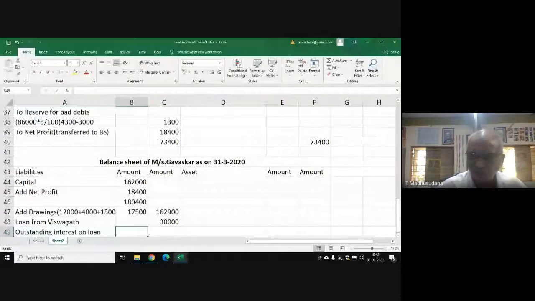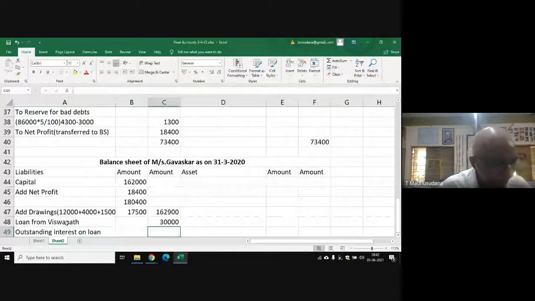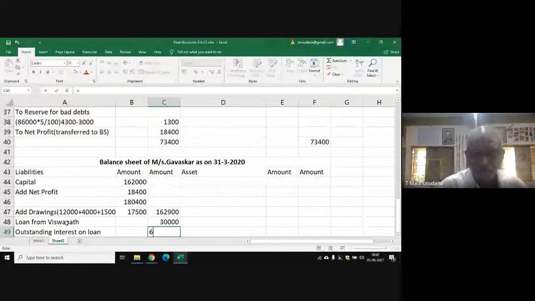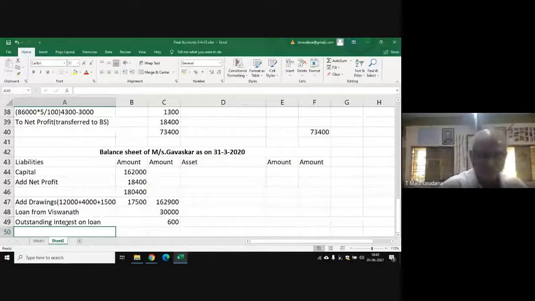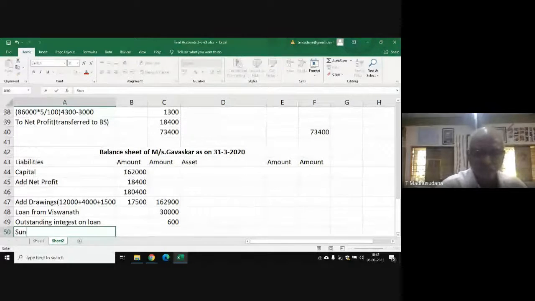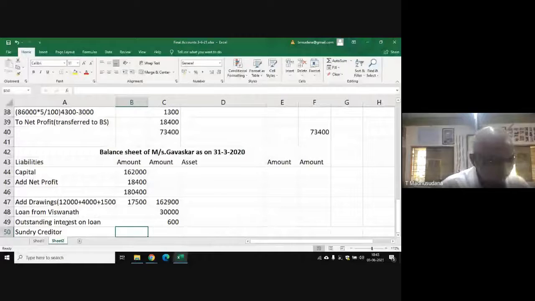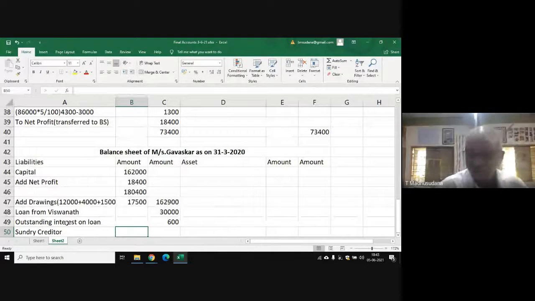That means interest to be paid. That is 600 rupees. Next, sundry creditors. That is 43,000, outer column.